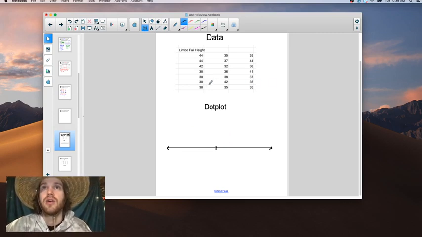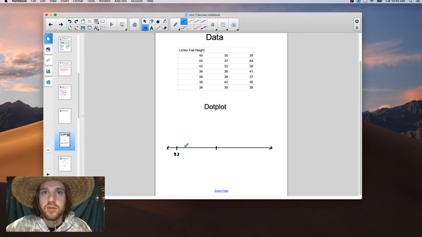Okay, so it looks like our high here, this is the limbo fail height from class, our high here is 44, and our low is 32. So that is quite a few. I'm going to go by twos, and I'll put 32 down here.